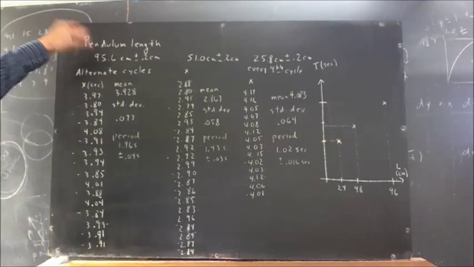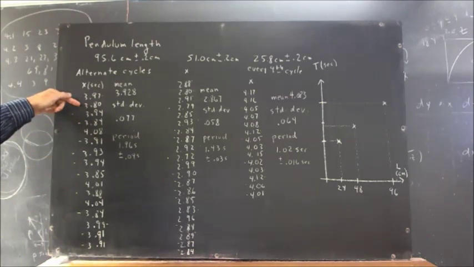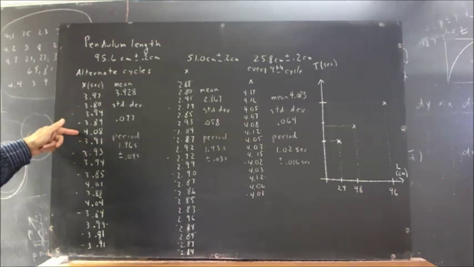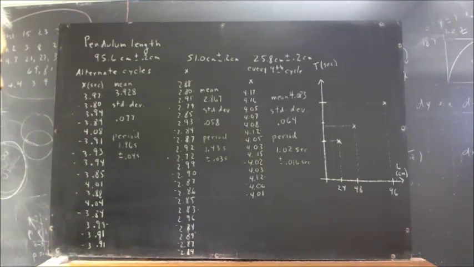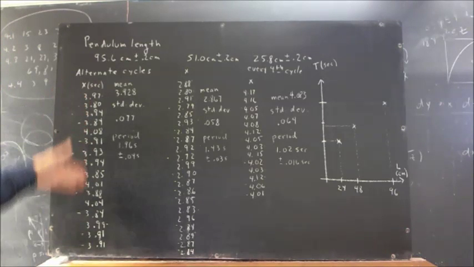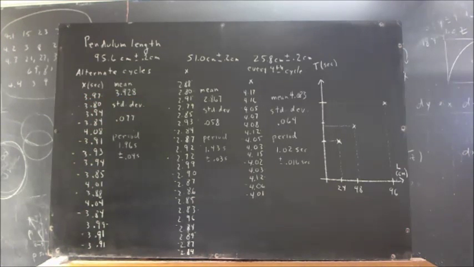Anyhow, measuring alternate cycles, I got these results. They appear to range from about 3.80 to 4.08. I don't think I have any in the 3.7s. Taking the mean, I find the mean is 3.928.